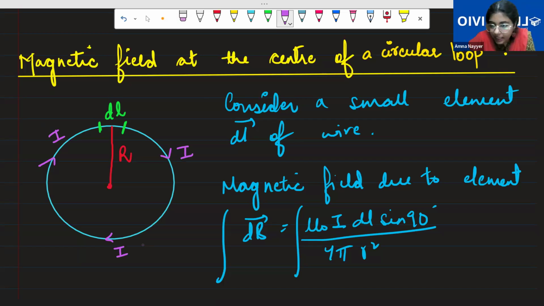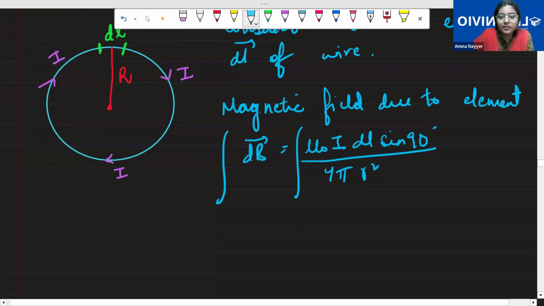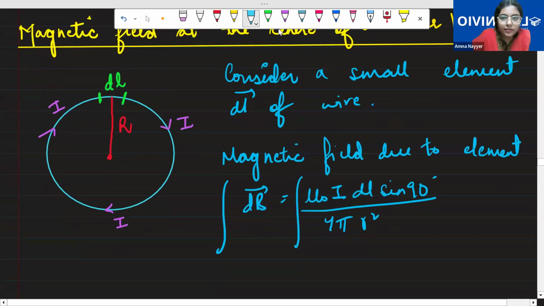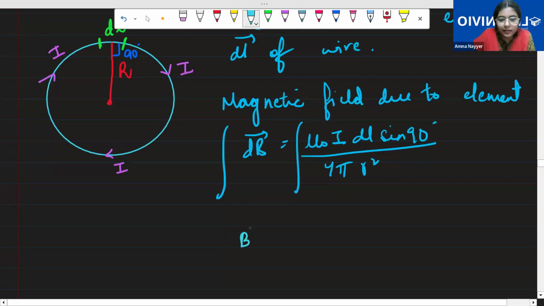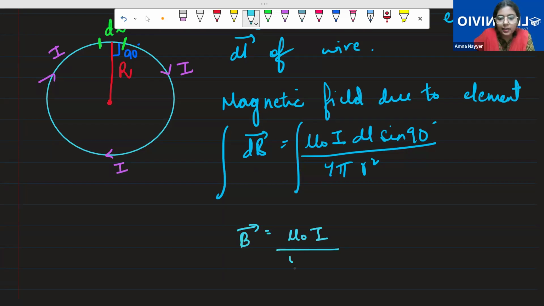Now, magnetic field according to Biot-Savart law will be dB is equal to mu naught I dl sine theta by 4 pi r square. If you look carefully, the angle between the current element and the position vector is 90 degrees. So the magnetic field will be mu naught I by 4 pi r square, integrating dl.